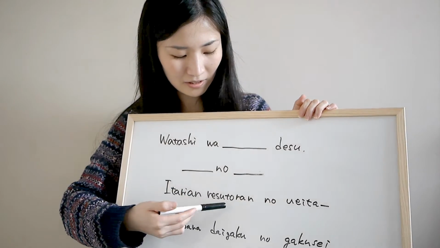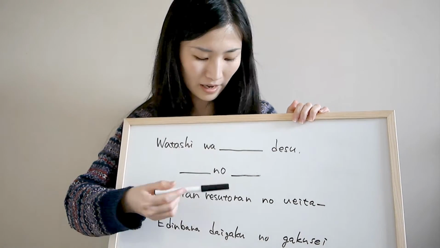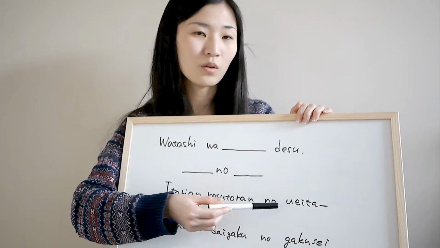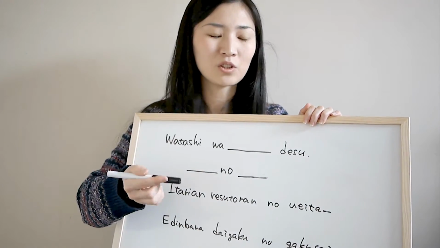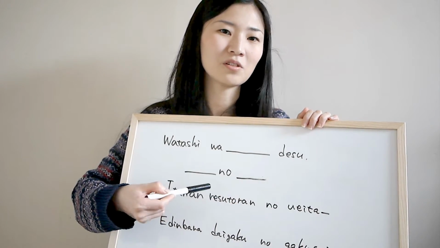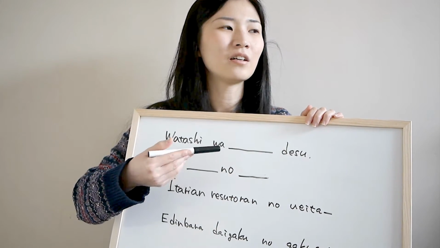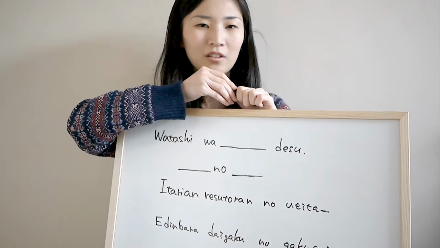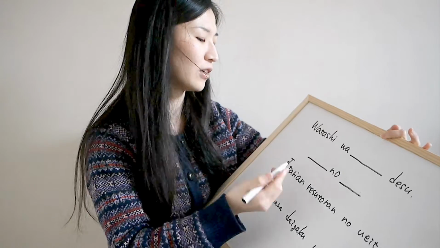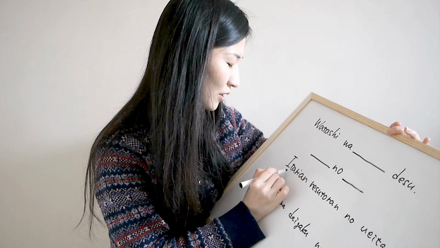So restaurant is restaurant, and waiter is ueita. This is the case that we use katakana because restaurant is an English originated word. I think it's quite clear, but I write what it means.